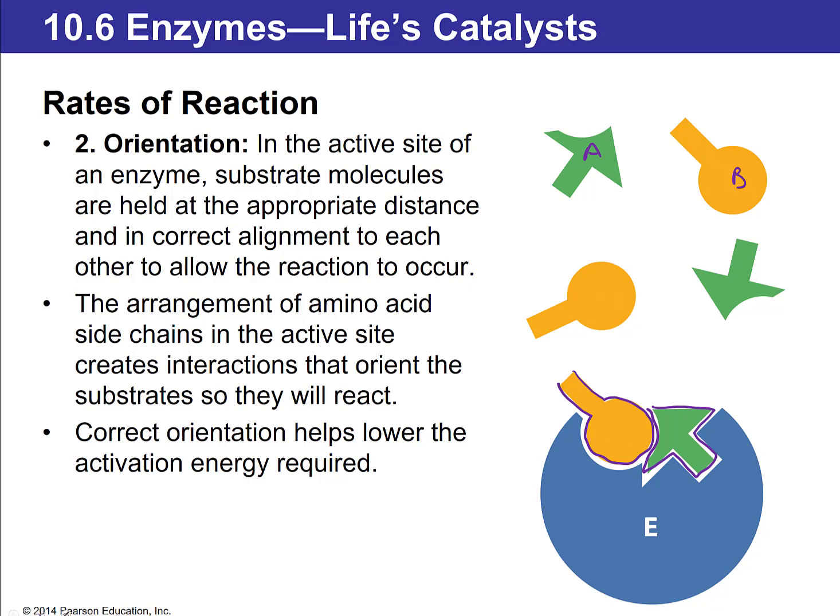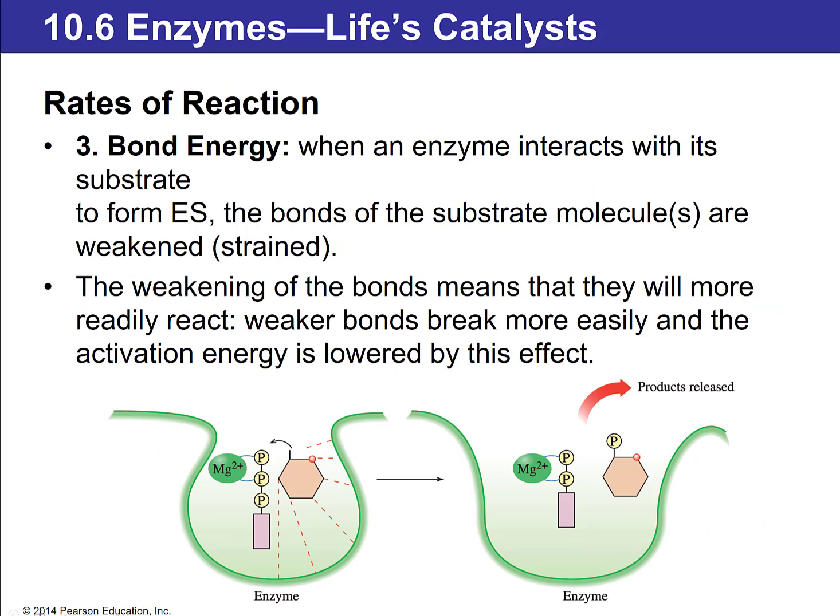So when you do that, can you see how this puts two molecules so close together that to make a bond is a very small stretch? If they're far apart or if they're in this orientation, you're not going to have the two ends that need to be joined together. So the enzyme does this.